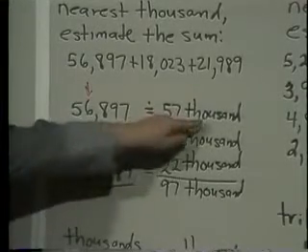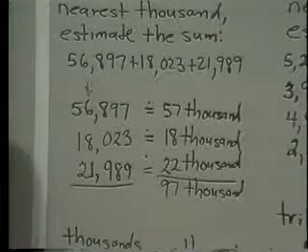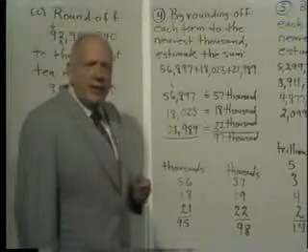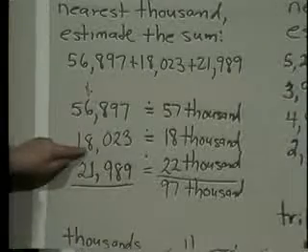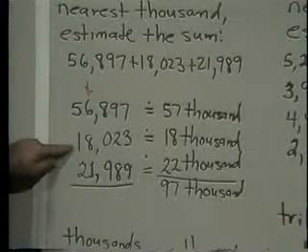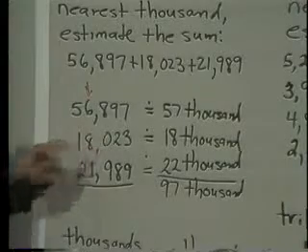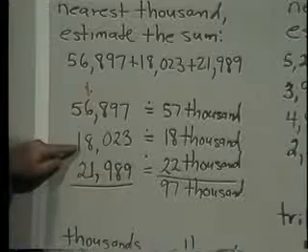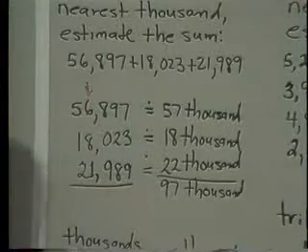And notice that I'm using the noun thousand rather than 3 zeros to emphasize that when I'm estimating this way, I'm only going to be adding 2-digit numbers, not 5-digit numbers.